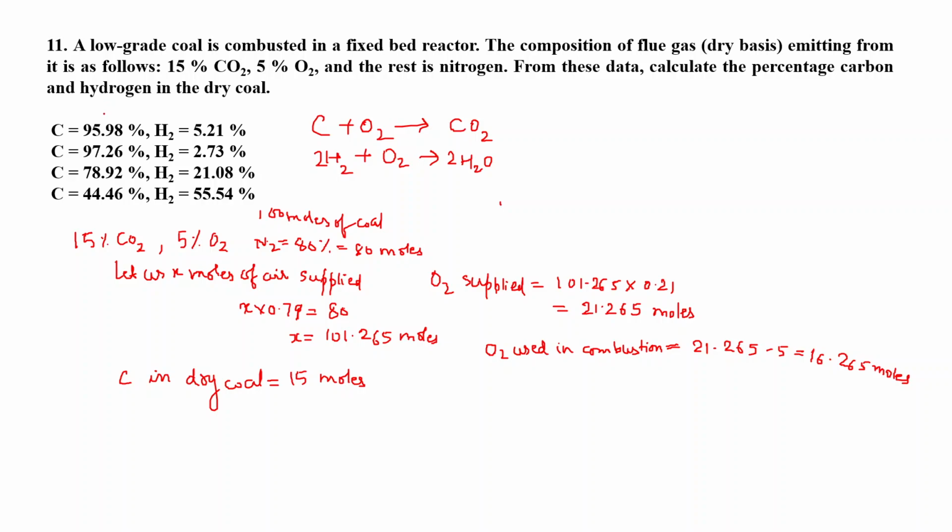Since after combustion it gave 15 moles, that is the amount of carbon present in coal. In carbon dioxide, if 15 moles of carbon are consumed, then 15 moles of oxygen are consumed.